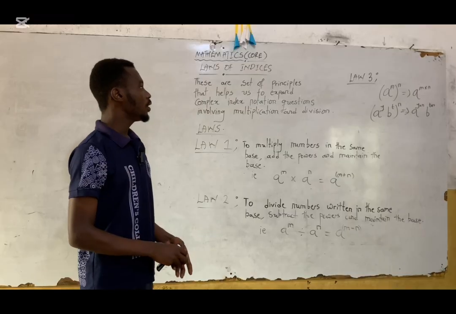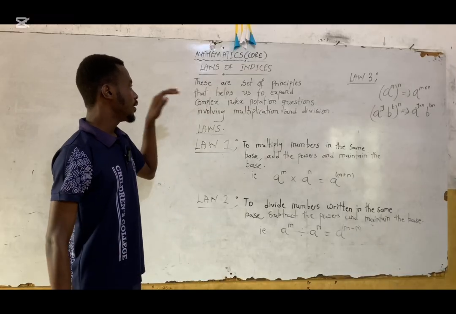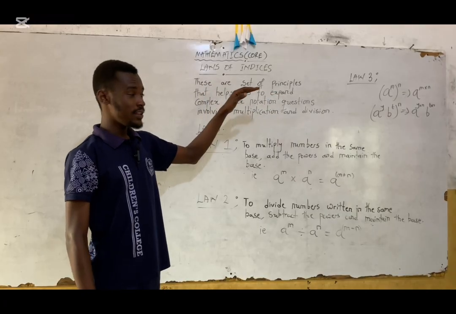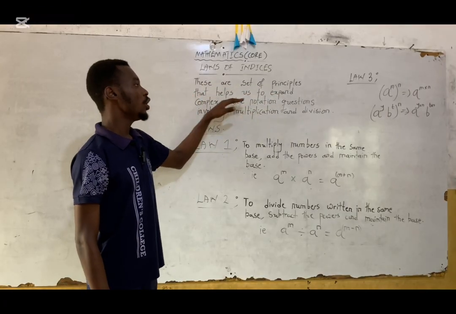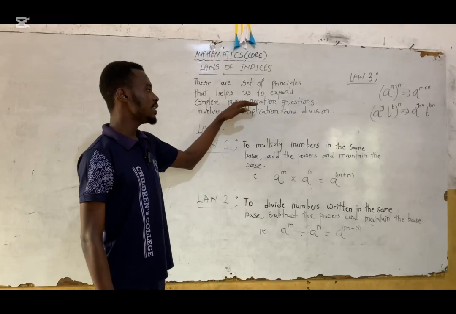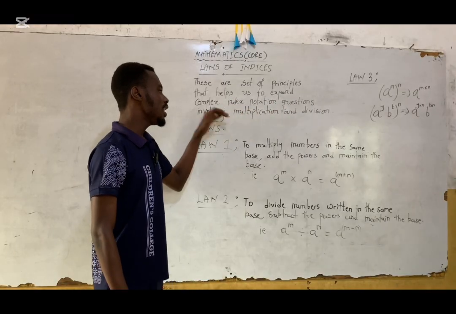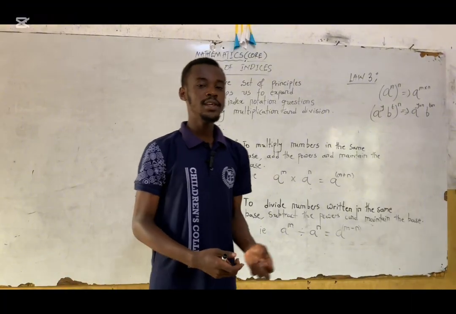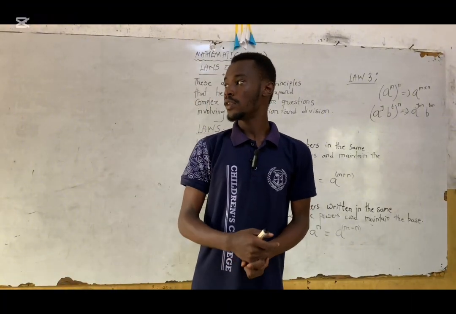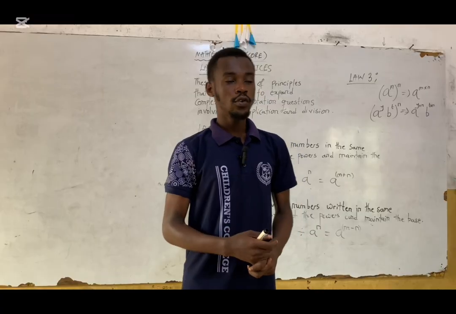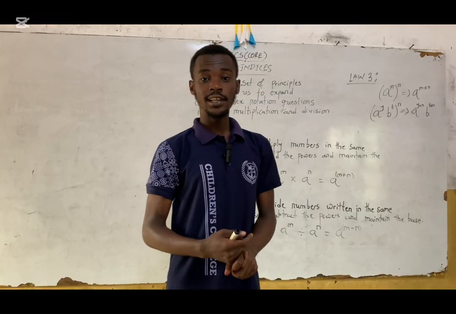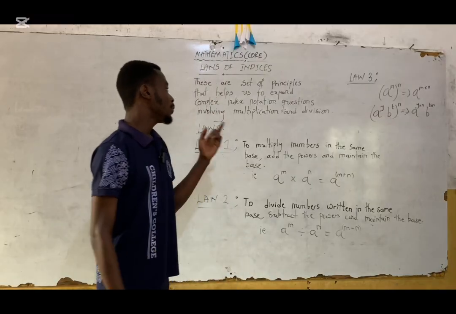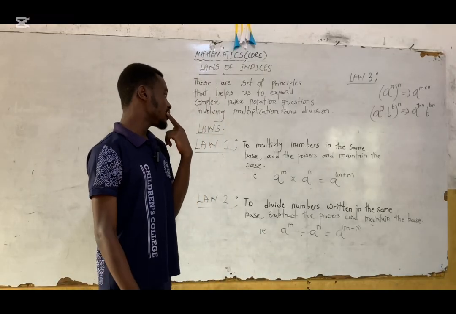Alright, so laws of indices. The first statement: these are sets of principles. So the laws are the set of principles that help us to expand complex index notation questions involving multiplication and division. So this particular topic, laws of indices, will be revolving around multiplication and division most times.